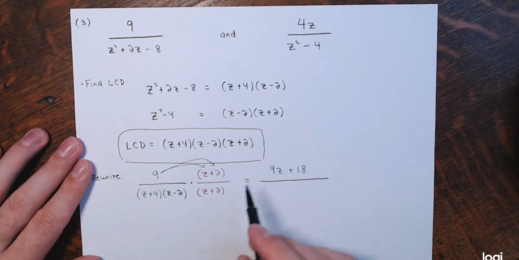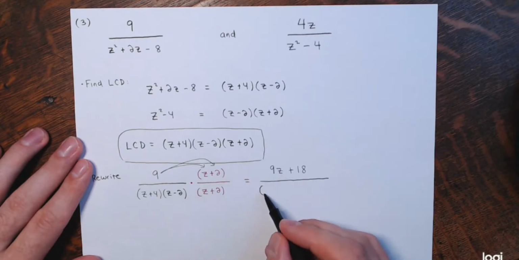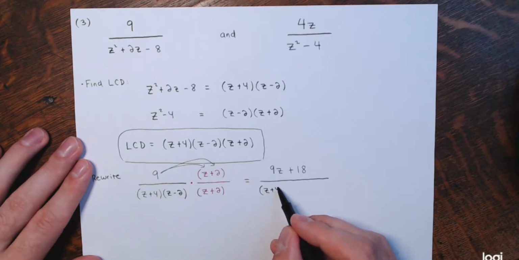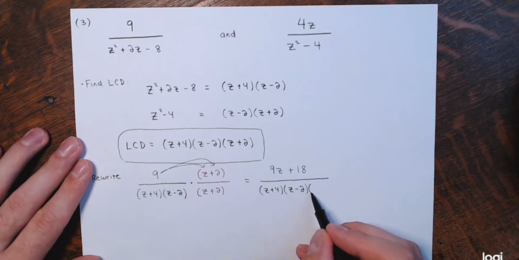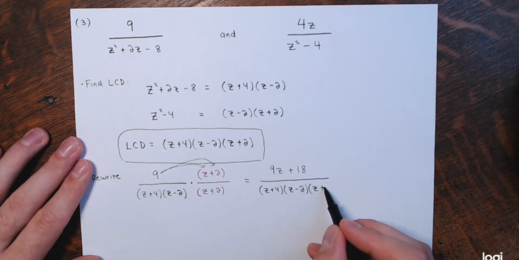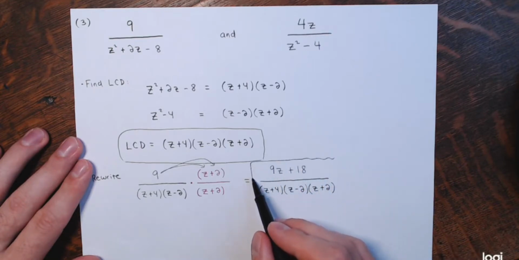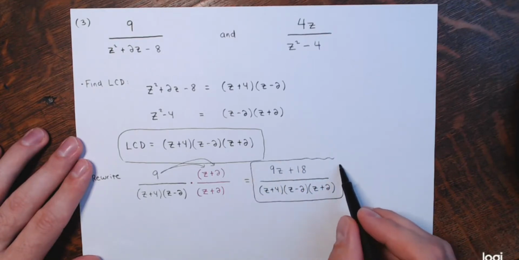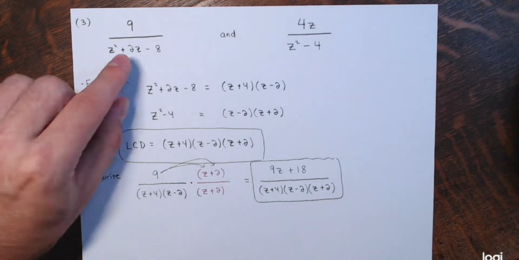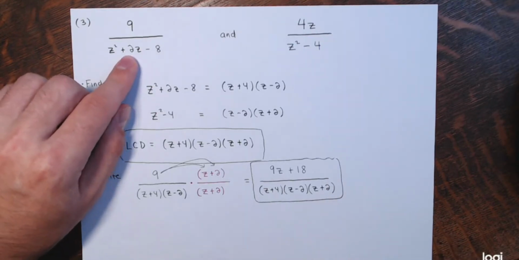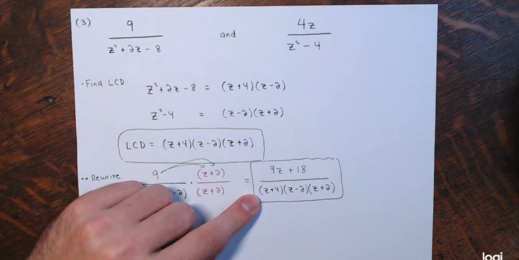So the denominator is the LCD. It's got a factor of z plus 4 times a factor of z minus 2 times a factor of z plus 2. And there we go. That's the first fraction. So this first fraction has the exact same value as this fraction no matter what you plug in for z.